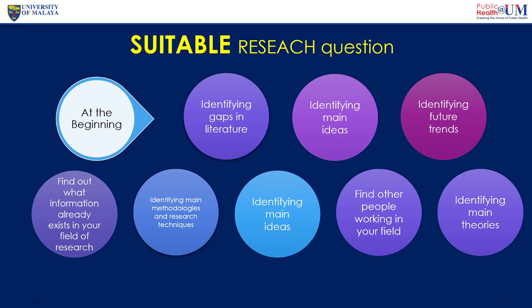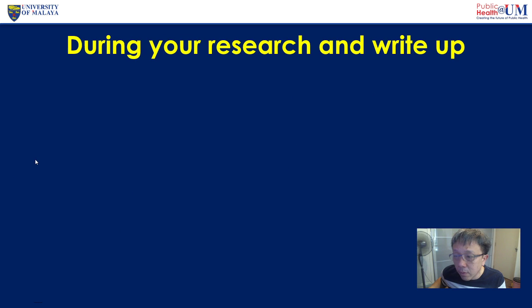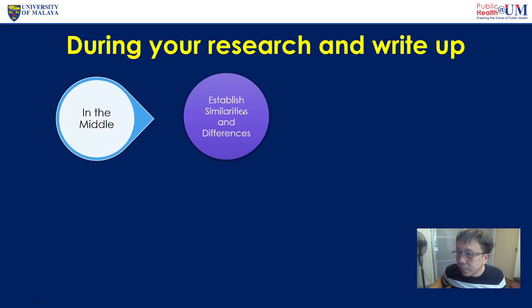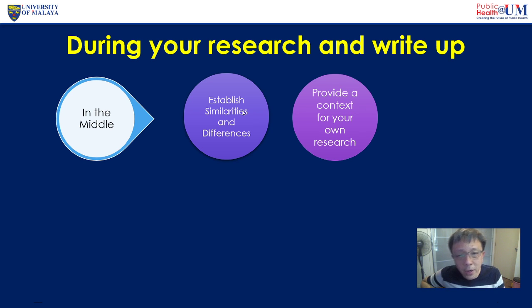So next, let's look at the next part: during your research and write-up, in the middle. That means when you're doing your research, you don't stop what we call doing literature review.